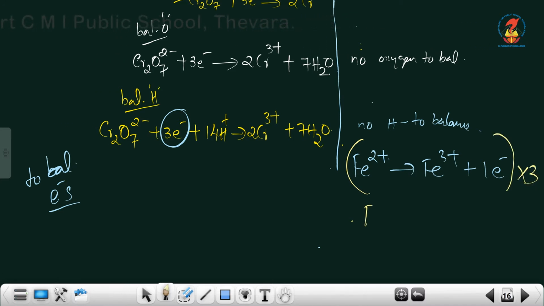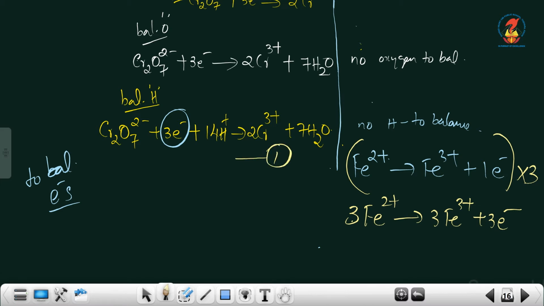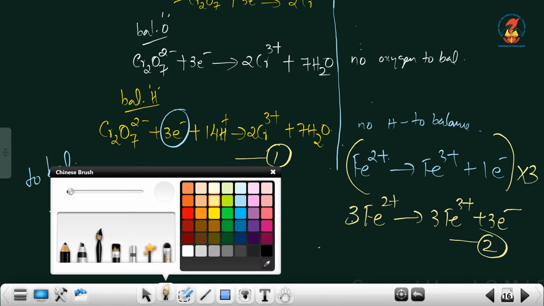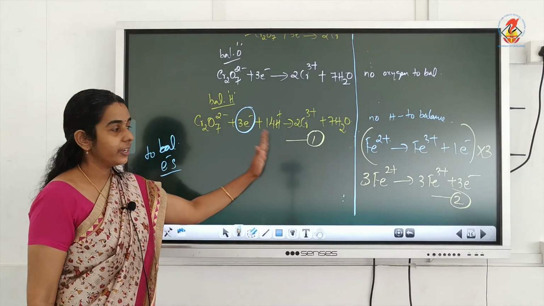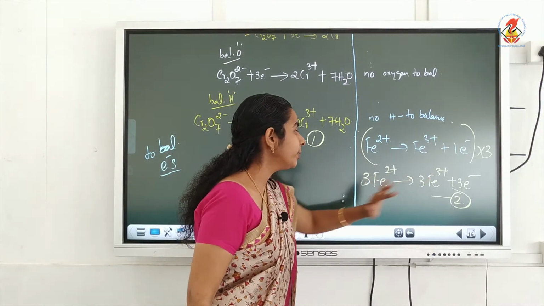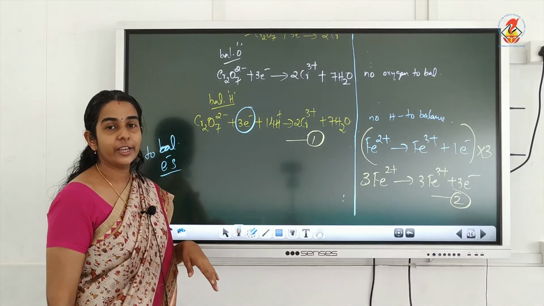So this equation becomes 3 Fe2+ giving 3 Fe3+ plus 3 electrons. So this is our final equation, not the overall equation. We can write this as equation number 1 and this as equation number 2. Equation number 1 is the reduction half reaction equation and equation number 2 is the oxidation half reaction equation.